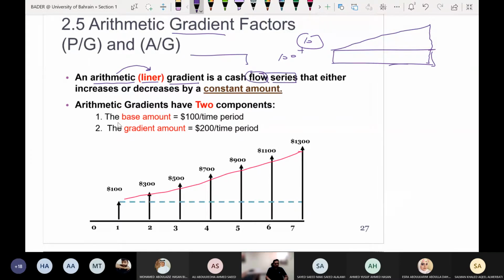That means the inputs are not a single input, they are constant inputs that either increase or decrease, because my salary could increase, my revenue could increase, or my revenue can decrease over time. So in that case, I would like to deal today with this part.